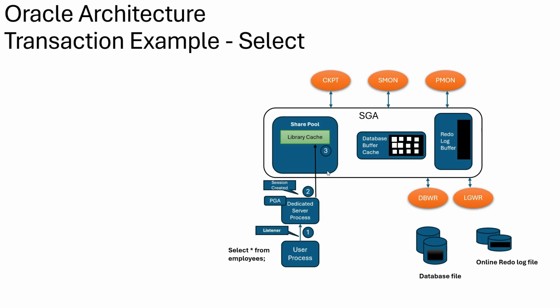It first touches the library cache. In the library cache, for the select star from employees you have given, it creates a SQL area with a hash value for this query. Basically, it creates a SQL area for this query and a hash value also. The hash value is a reference value.